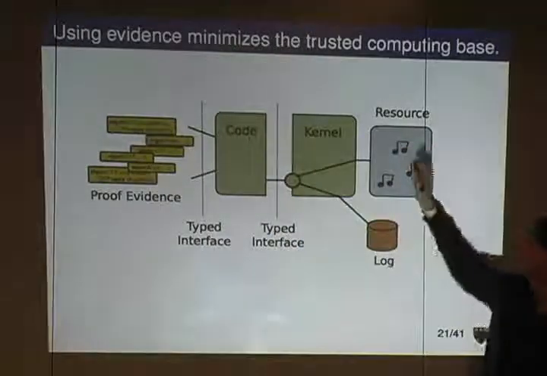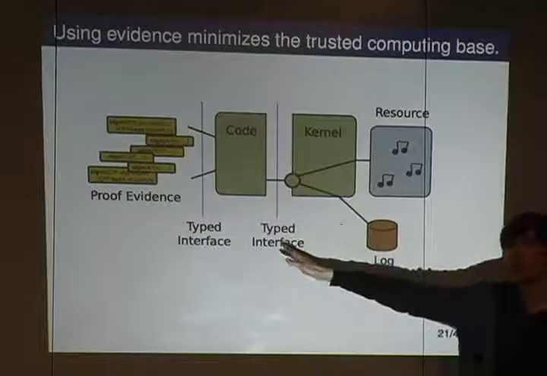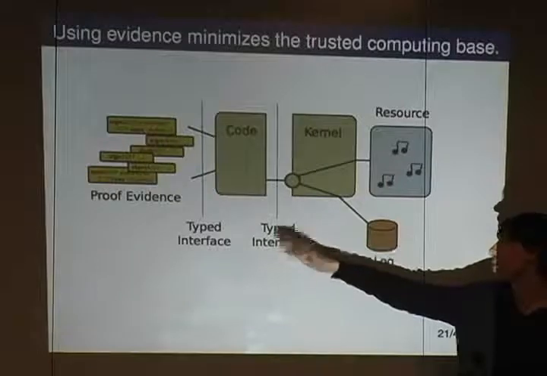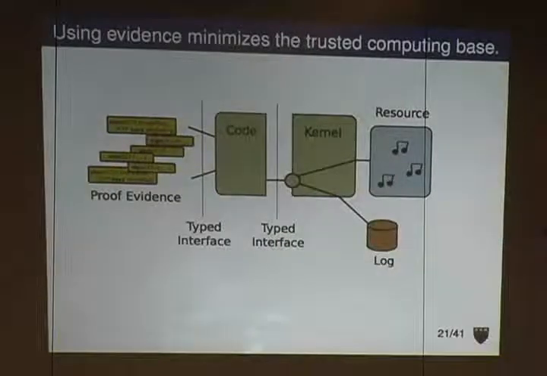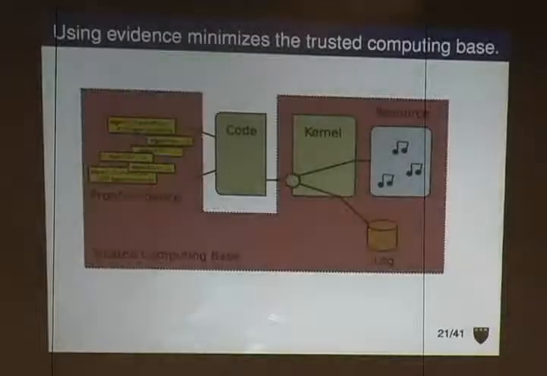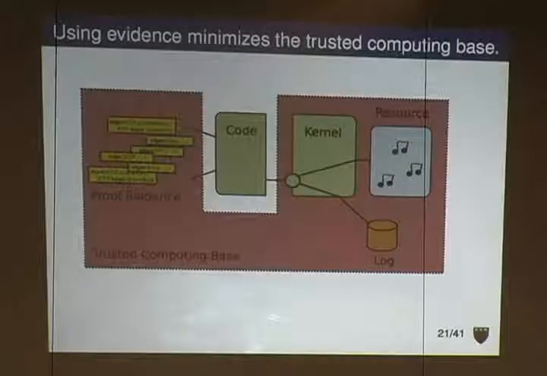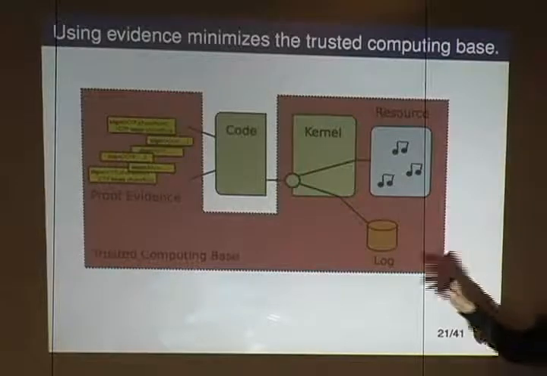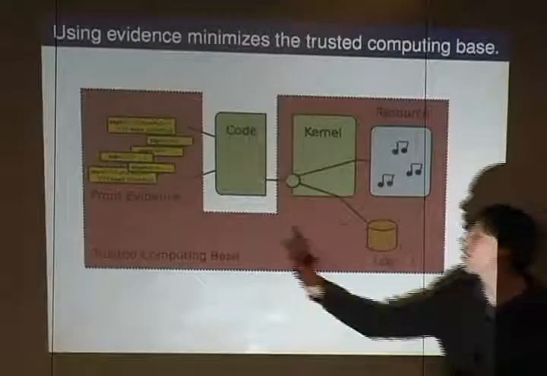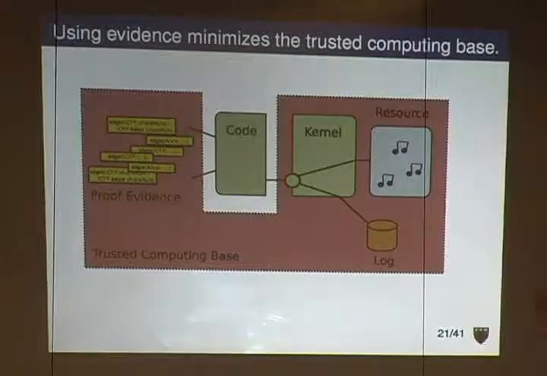And when we want to get at the underlying resource, we need to pass well-formed proofs, again allowing access control, into the underlying system. What this means is that if we're worried about unauthorized access, the parts of the system we actually have to trust are only on the right and the left-hand side of these boundaries. We can actually cut out the application code from the point of view of making sure unauthorized accesses aren't allowed.